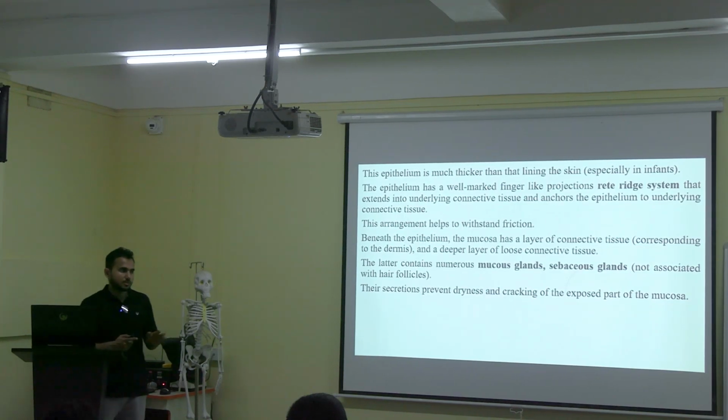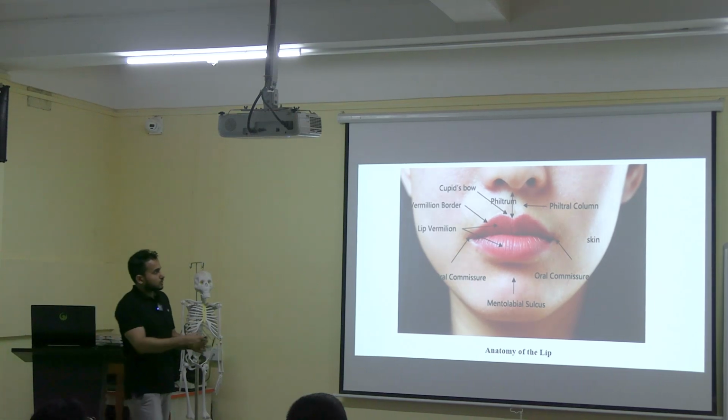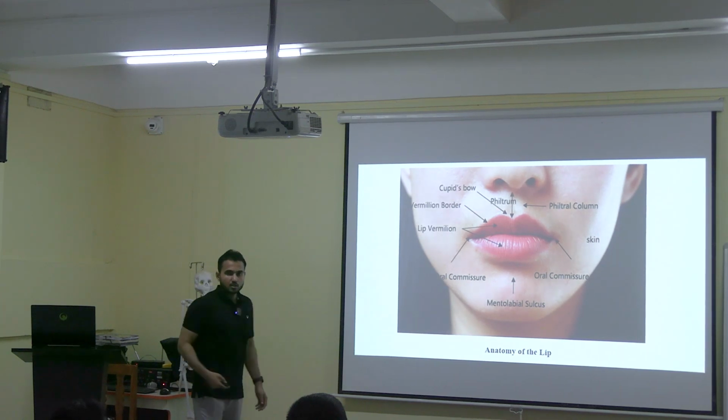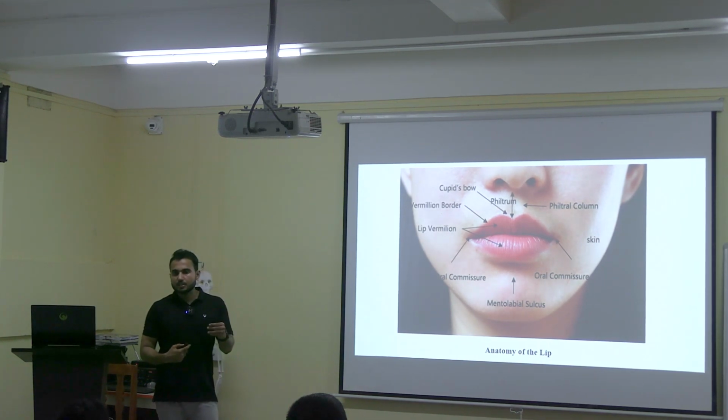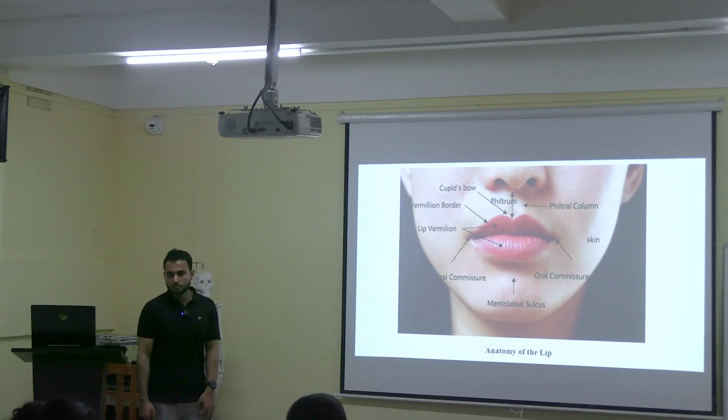Now I will give you an example. Let's go back to the diagram. This part is covered by skin, okay. Once it is covered by skin, hair follicles are there, and hair follicles are associated with sweat glands and sebaceous glands. Now in this particular area, here also we are getting loose connective tissue.